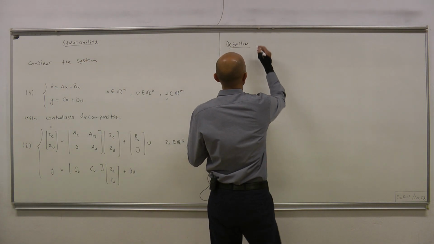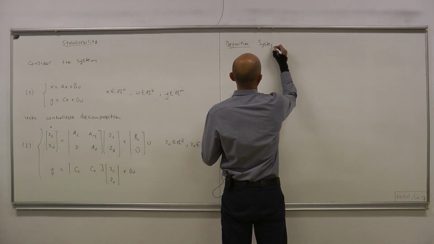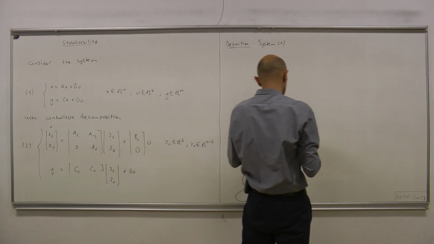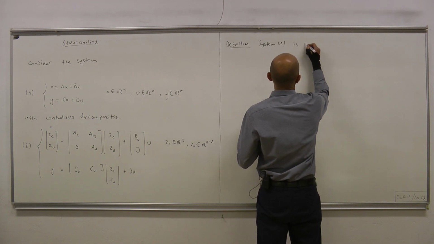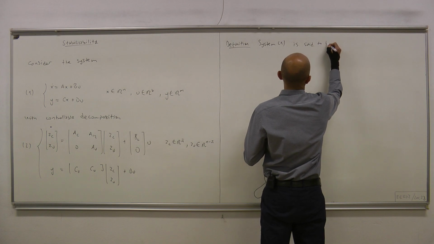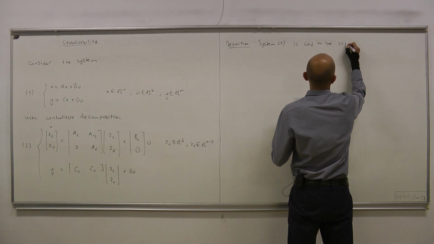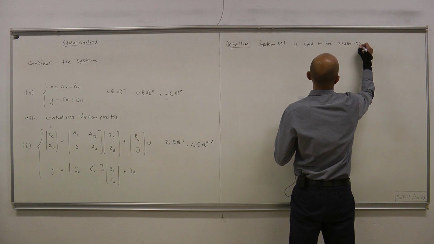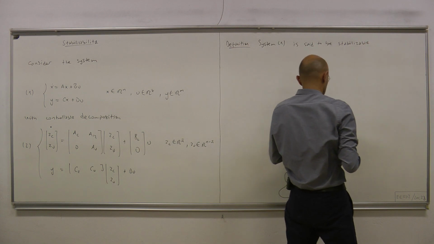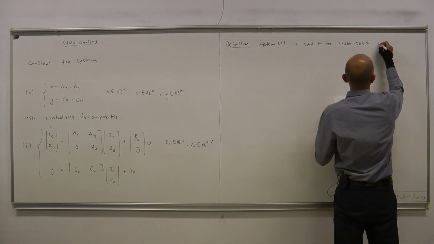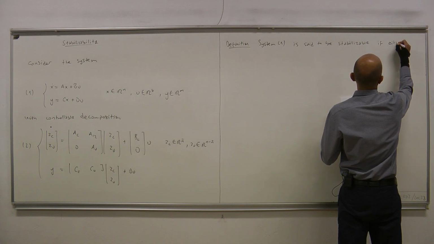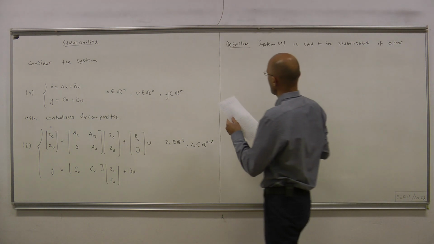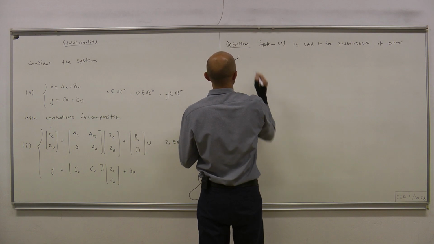Now, system 1, the original system, is said to be stabilizable if either n equals n bar.